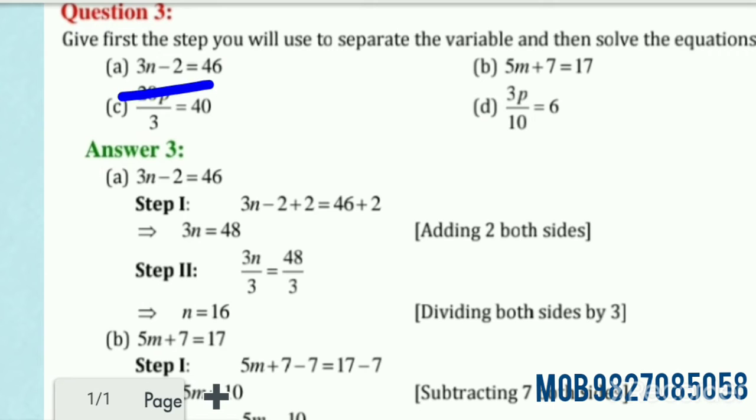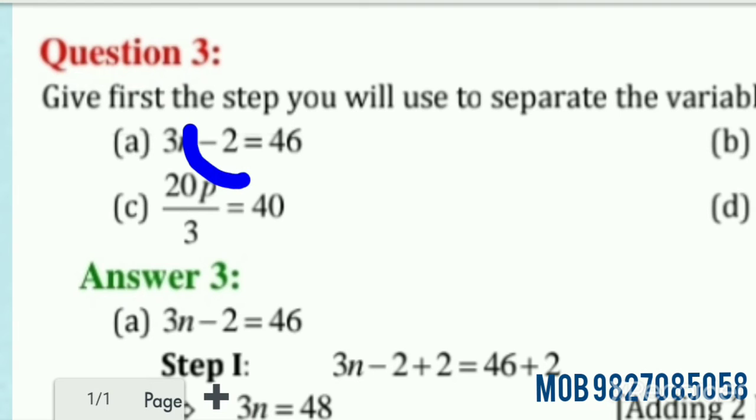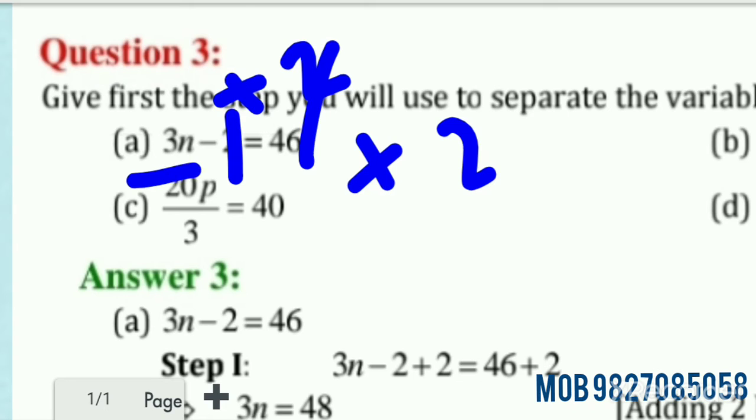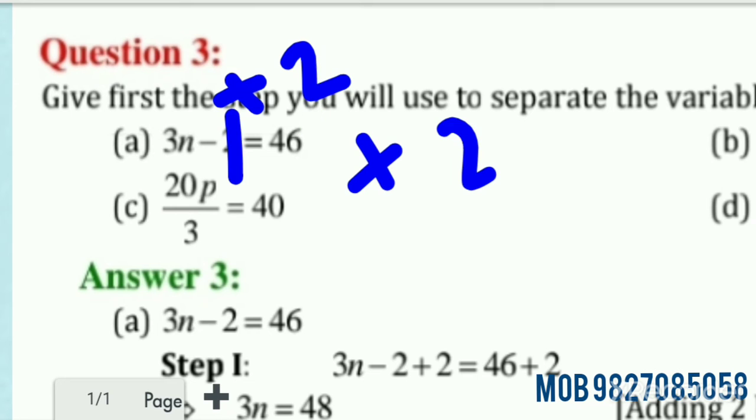Now the first question is: actually we have to find the value of an alphabet. Whichever alphabet is given, we have to find their values in these questions. So here in question number 1, firstly we have to remove minus 2. So how can it be removed? We can add plus 2 and plus 2, so that they are cancelled. After that, n is in the form of multiply, so we have to divide by 3 and again divide by 3. So this will be cancelled and the value of n is equal to 2 by 3.